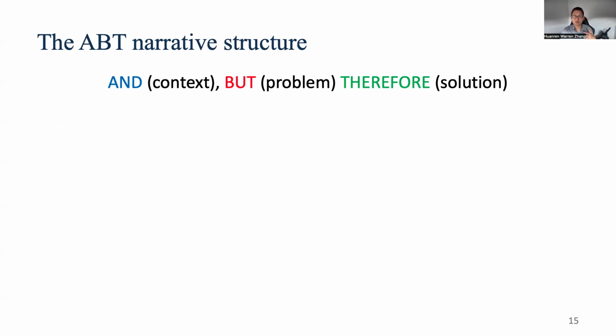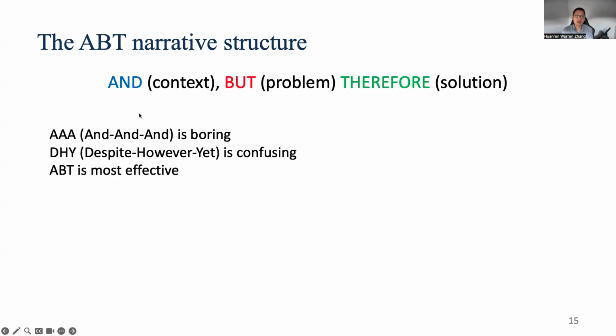So the audience would realize that there's a problem and they will focus on your message. And after presenting the problem, you can offer the solution, right? The ABT structure has been proven to be most effective, and it can be compared with some other structures.